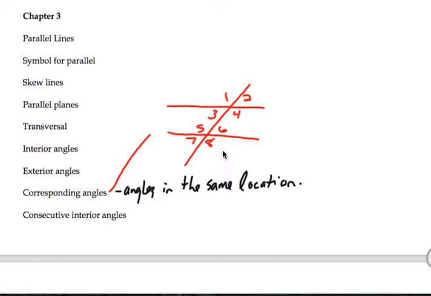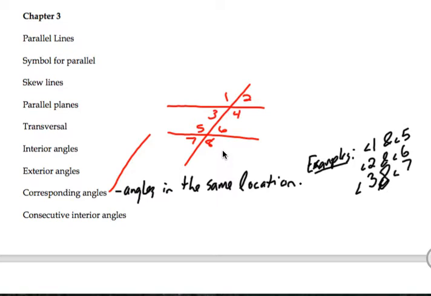Same spot. Examples here. There's 4 of them. Angle 1 is in the same spot as angle 5. So angle 1 and angle 5 are corresponding. Angle 2 and angle 6 are corresponding. Angle 3 and angle 7. And angle 4 and angle 8.